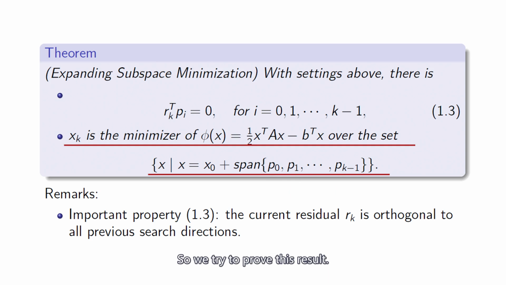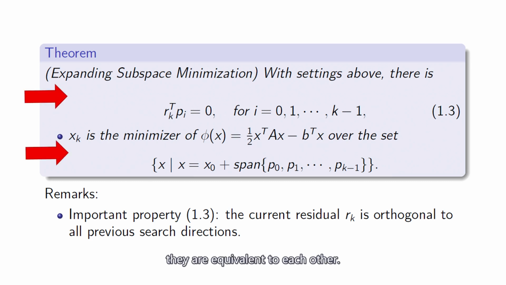So we try to prove this result. The idea of our proof is as follows. Firstly, we will show that the two parts of the result are equivalent to each other. In other words, xk is the minimizer over the set if and only if the residual at xk is orthogonal to all the conjugate search directions in the previous steps.